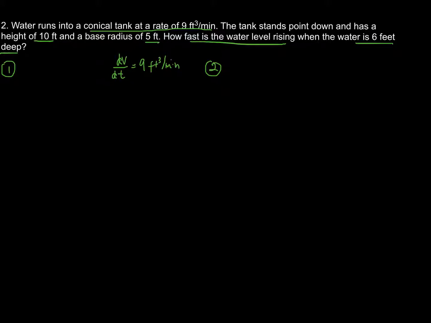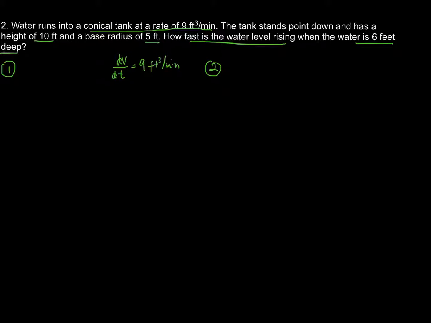I also know the height and base radius of the cone, or the tank that the water is going into. And my question is, how fast is the water level rising when the water is 6 feet deep? So a couple things here. I wouldn't be opposed to drawing the picture first before I really hunker down on what rate I'm going to be finding. But if I think about the rising of the water, so I'm thinking about the vertical component of the cone-shaped water, that is going to be the height of the cone.